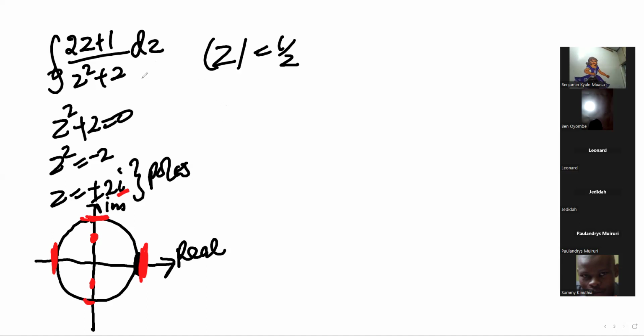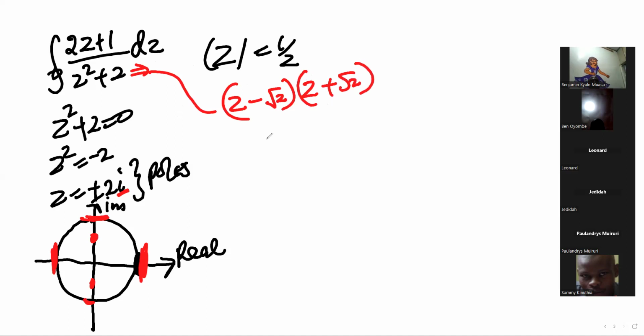So then it means that our answer here becomes what? When you factorize this one here, you get z minus root 2 i and z plus root 2 i like that.